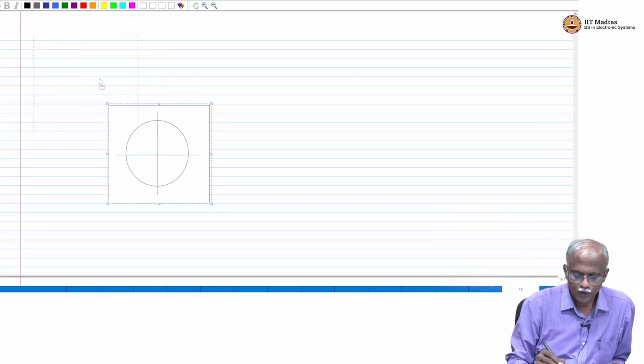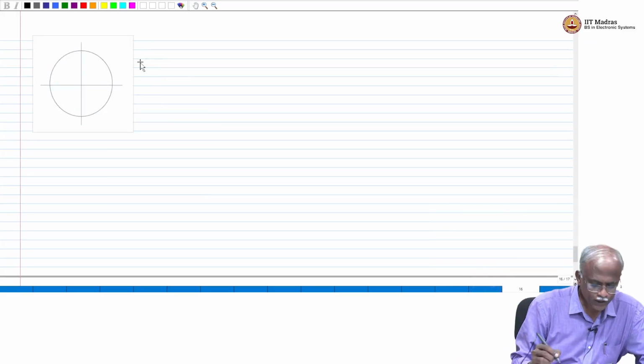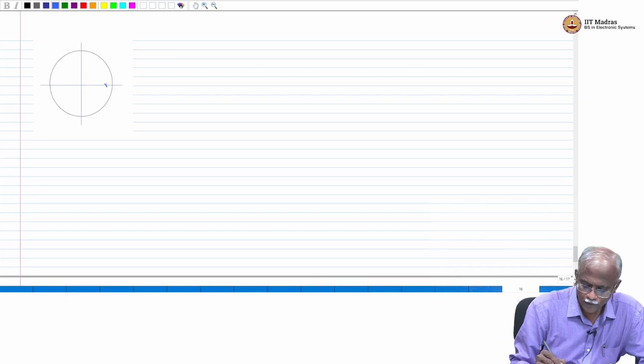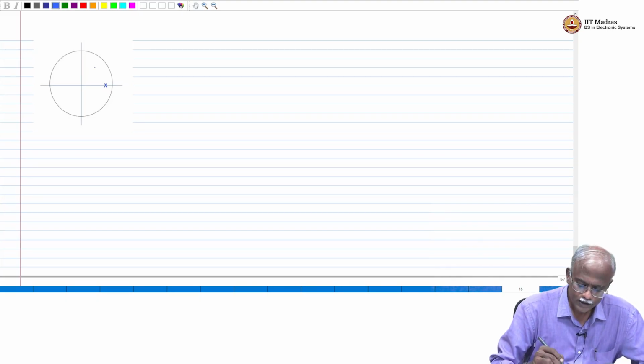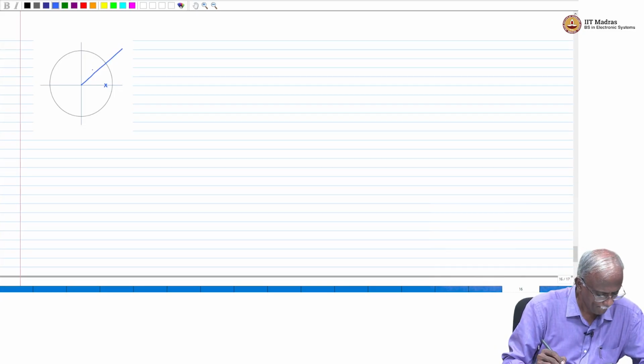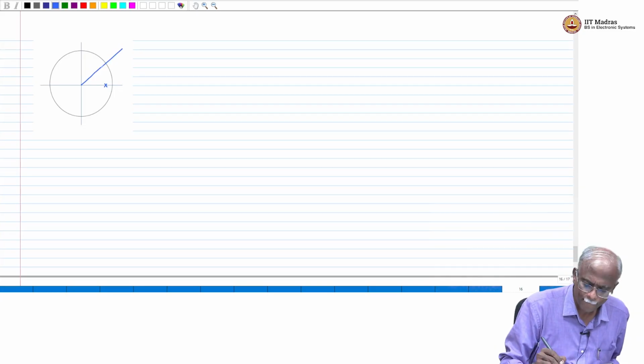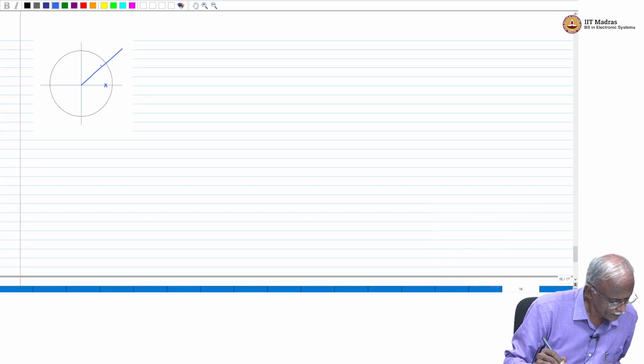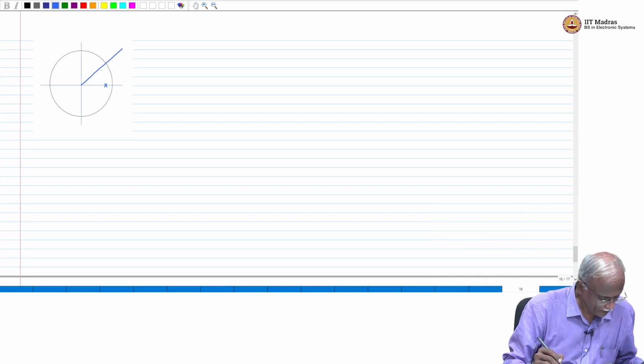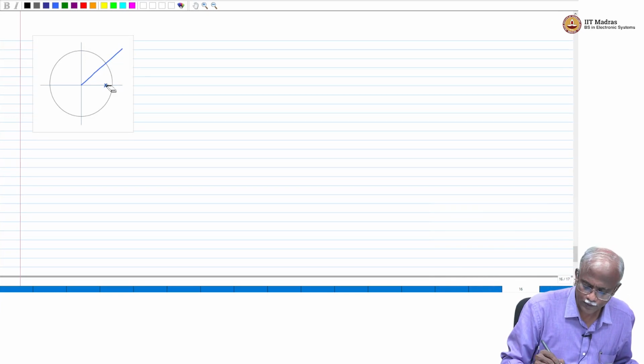So I'm going to sketch for you a pole-zero plot. Here is a pole. There is a pole here. I believe this is what we have already done. Let's look at this one.